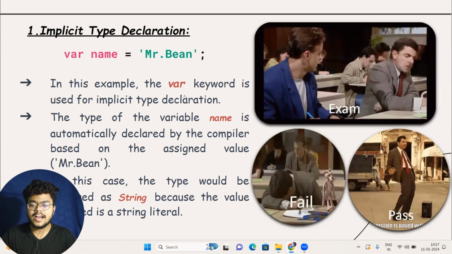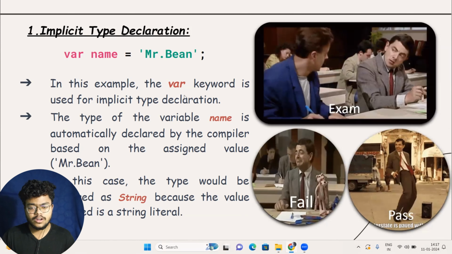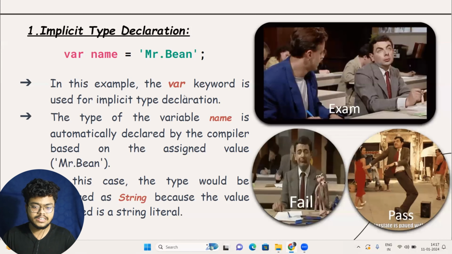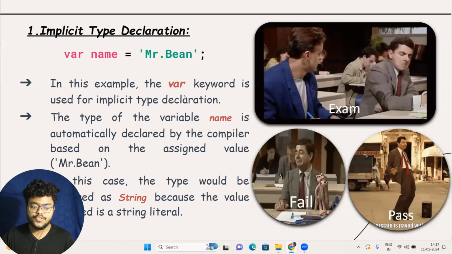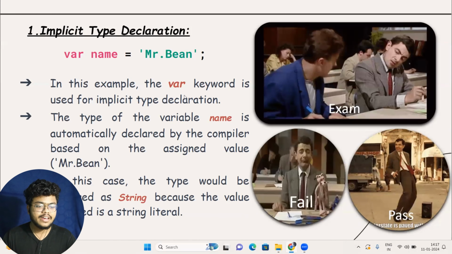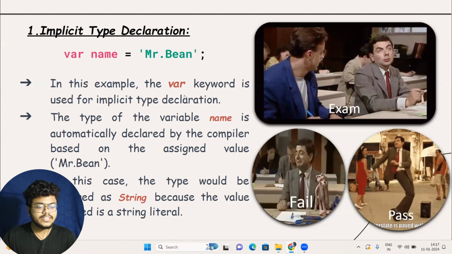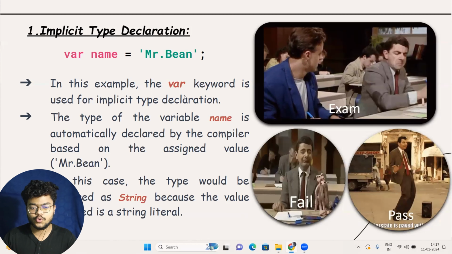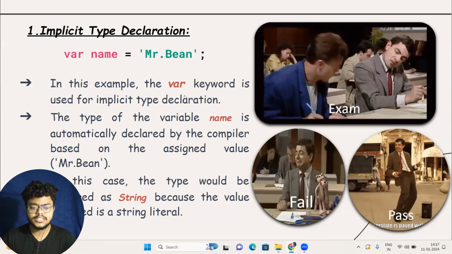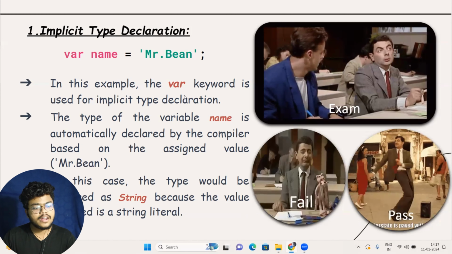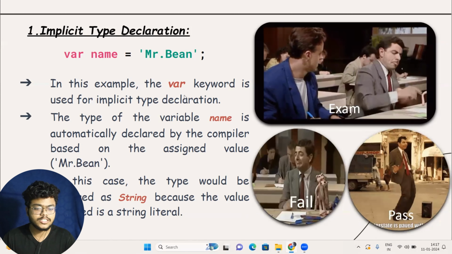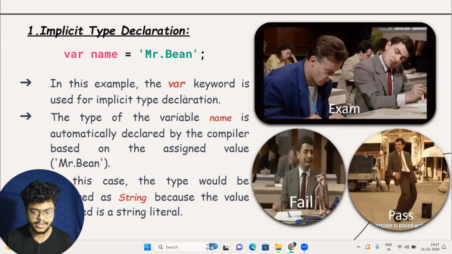So here the compiler will decide what type of data the variable is storing. If you pass, what type of grade you got is decided by the teacher. It is similar to the compiler. Here the teacher is similar to the compiler, and the grades and pass or fail are similar to the type of data.